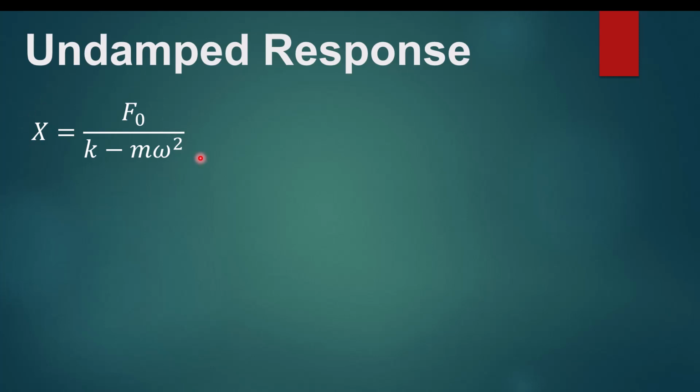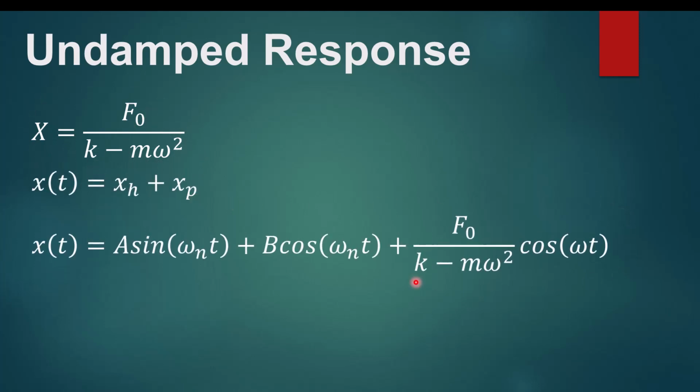And this is what I come up with. If I put all of them together, this is going to be the undamped response of a mass under a harmonic external force. And I'm going to solve the problem both in an M file and in Simulink, so stay with me.